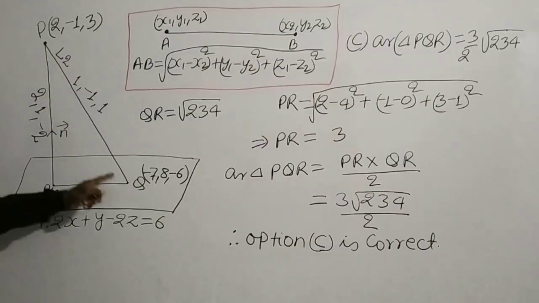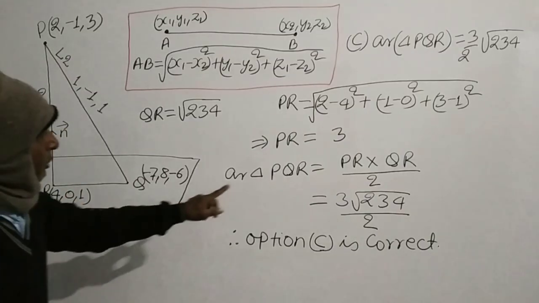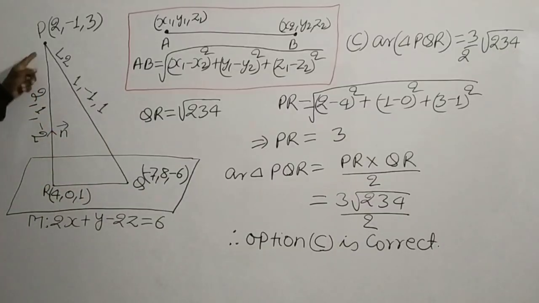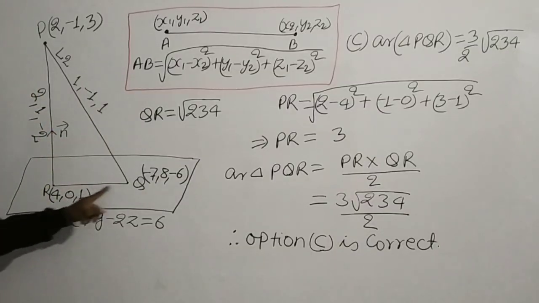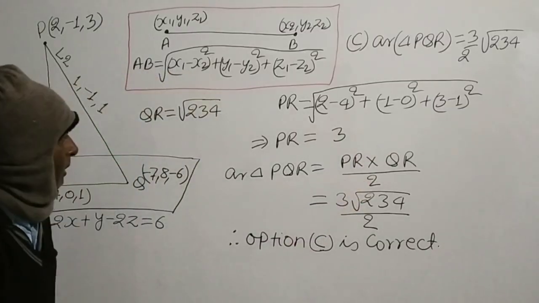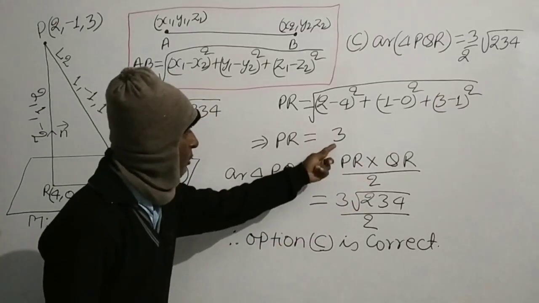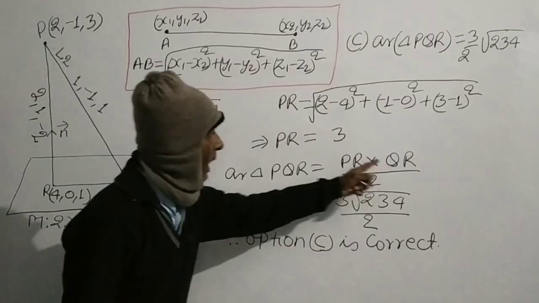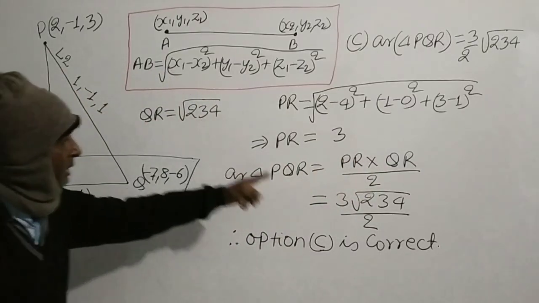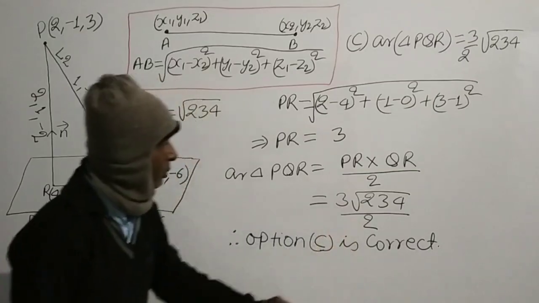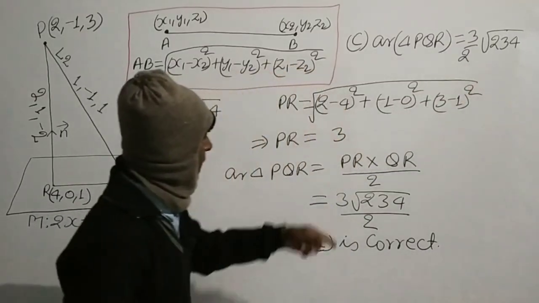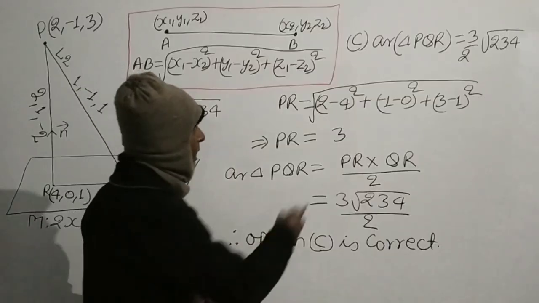Now area of triangle PQR will be equal to PR times QR by 2. PR is equal to 3. QR is equal to root under 234 by 2. Since this is equal to this, therefore this option is correct.